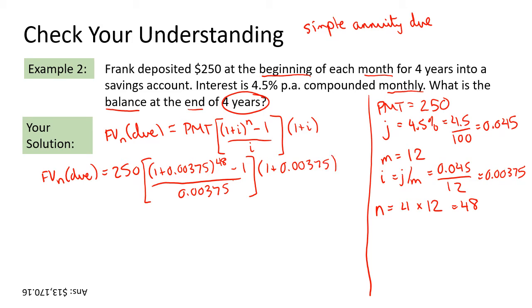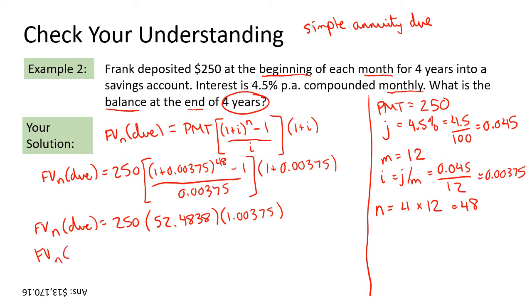So if you do this in steps, your future value is equal to 250 times this item in brackets comes out to 52.4838 multiplied by 1.00375. So if you calculate this out, your future value comes out to $13,170.16.